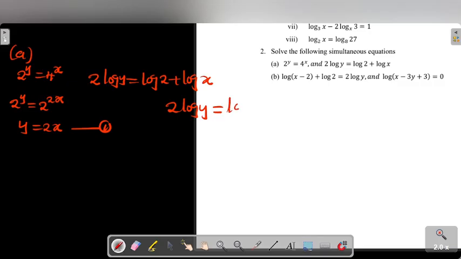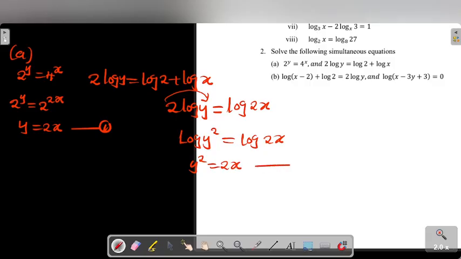So this will be log of 2x. Then we raise that 2, so it can be written as log of y to the power 2, which is equal to log of 2x. Since the bases are the same, we have an equal sign, so we just have y squared equal to 2x. This becomes our second equation.